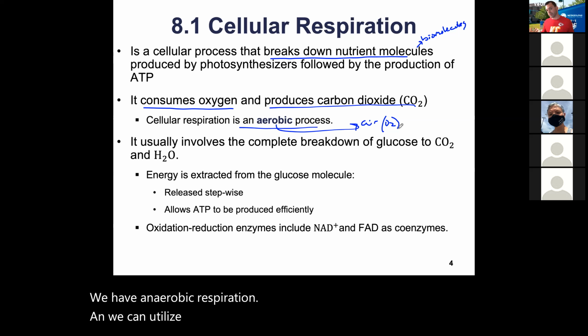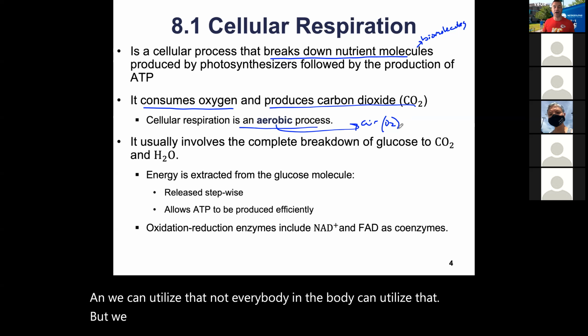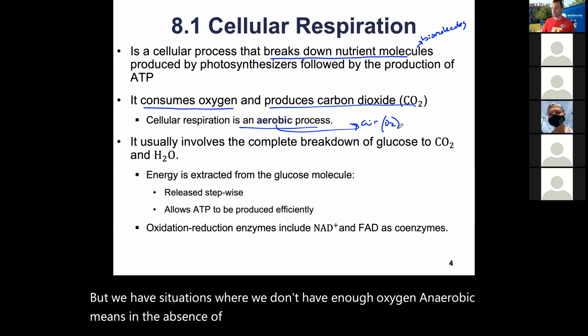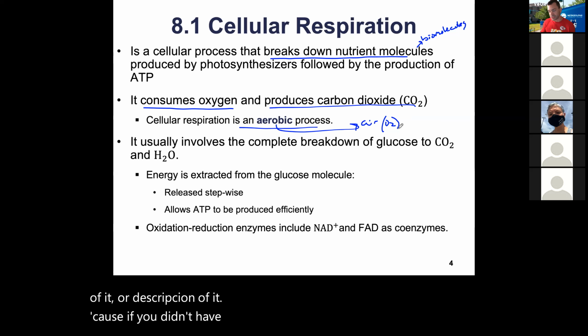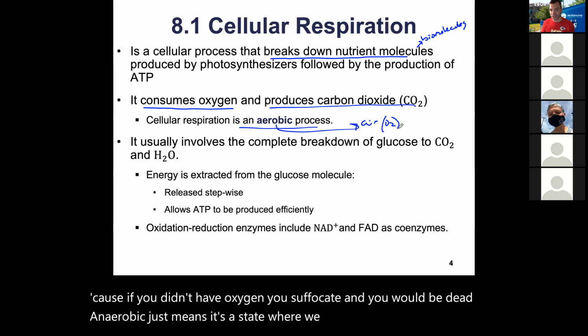Not everybody in the body can utilize that, but we have situations where we don't have enough oxygen. Anaerobic means in the absence of oxygen. Well, that's not the best description of it, because if you didn't have oxygen, you'd suffocate and you would be dead. Anaerobic just means it's a state where we don't get enough oxygen.